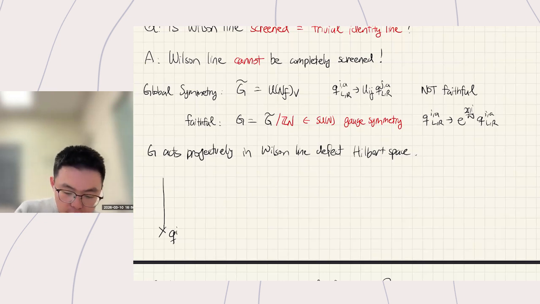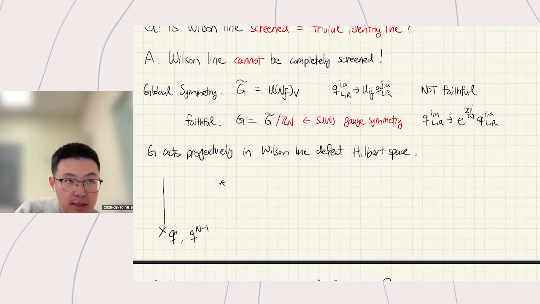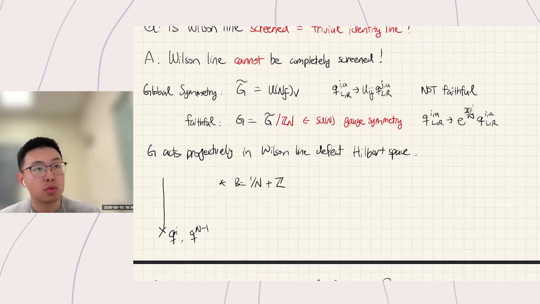We can also let it end on, for example, a quark operator to the power of n-1. In all these cases, the states in this defect Hilbert space will have fractional baryon numbers given by 1 over n mod 1.